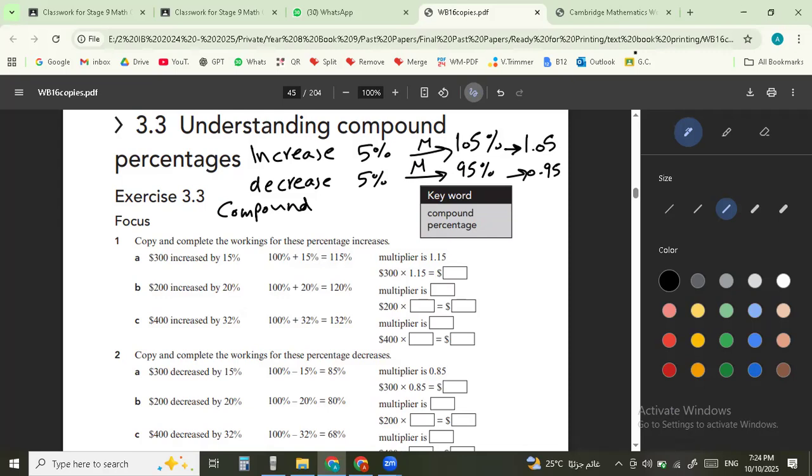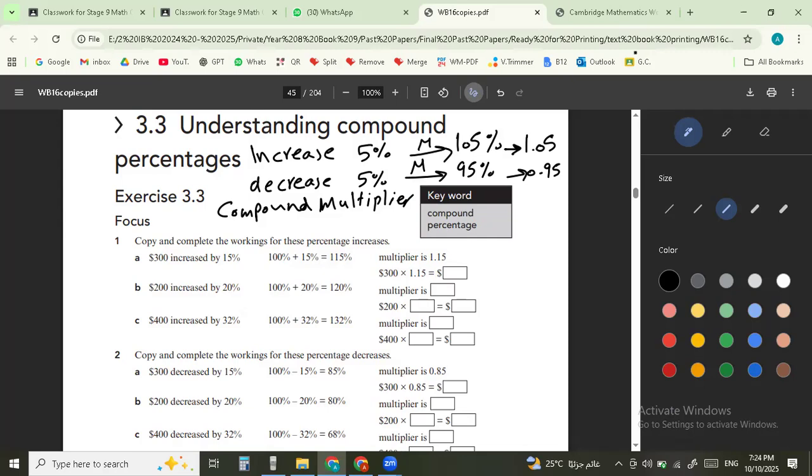So finding the compound percentage or the compound multiplier: if something increases by 5%, then decreases by 5%, I'm going to multiply 1.05 by 0.95.